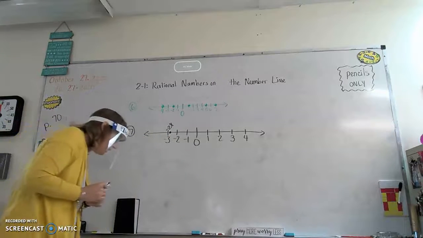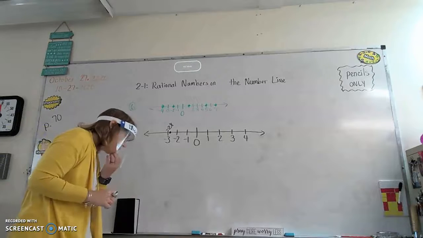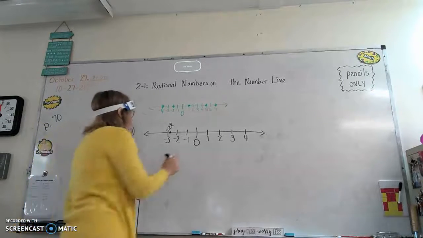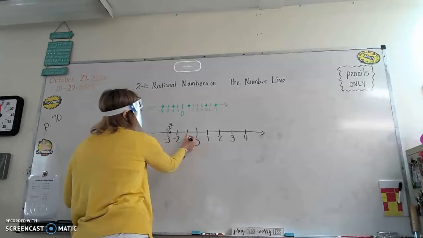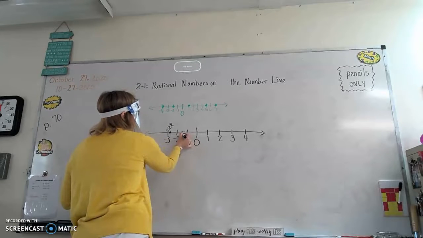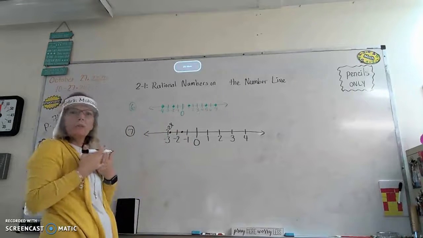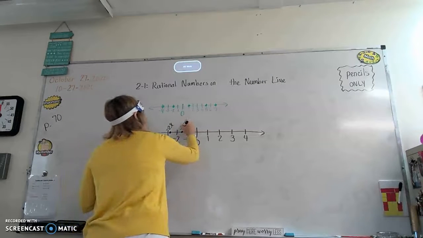And now I'm graphing what? Negative 1.5, which would be halfway between negative 1 and negative 2. Because it's negative 1 and then 0.5 more. And I'm going to write that above.